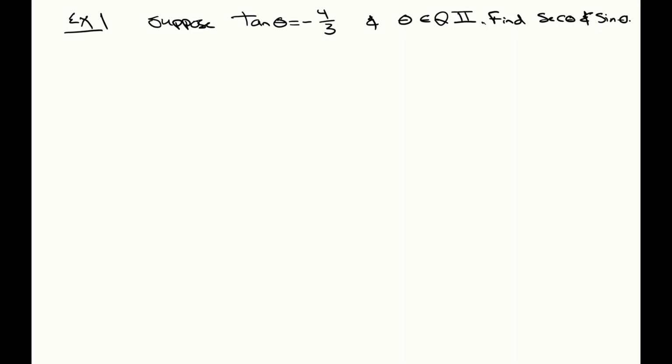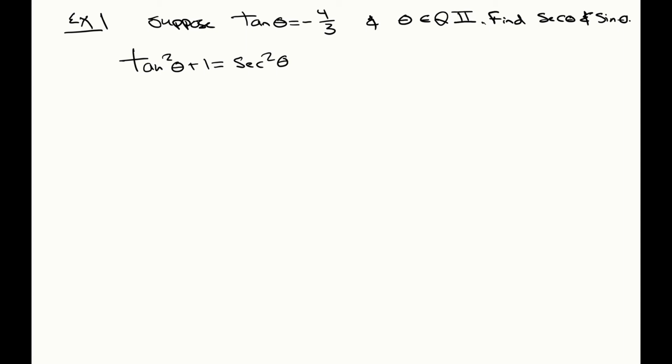So, of course, since we're given tangent, if we recall the identities we just covered, one of the ones that had tangent in it was tangent squared theta plus 1 equals secant squared theta.